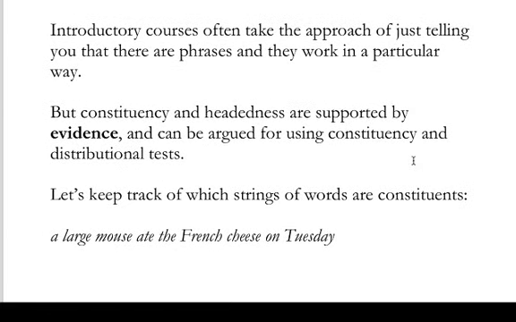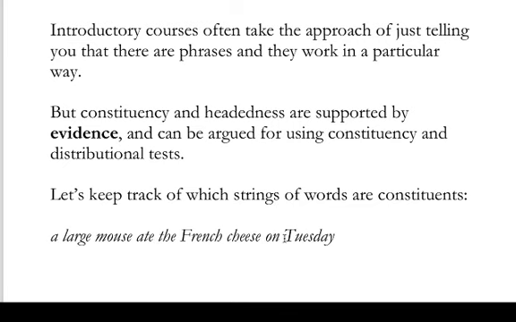So how might we represent headedness and constituency in our theory? If we think this is a part of people's implicit grammatical knowledge, here's how we're going to keep track of this. We're going to try every single string of words in this sentence, not really, but imagine that we did. Every single possible sequence of words of length 1 or greater in this English sentence.